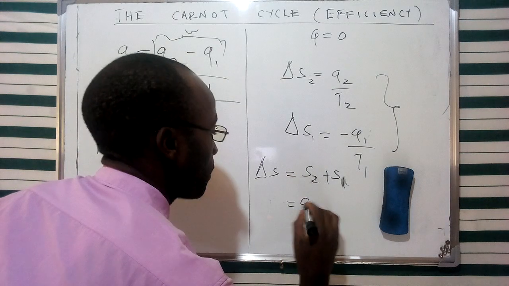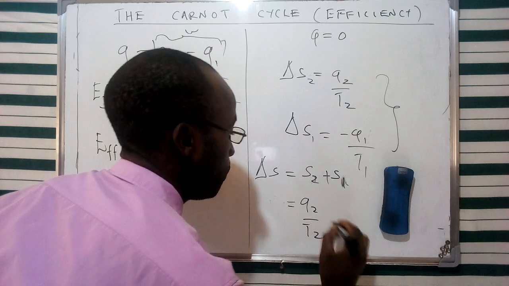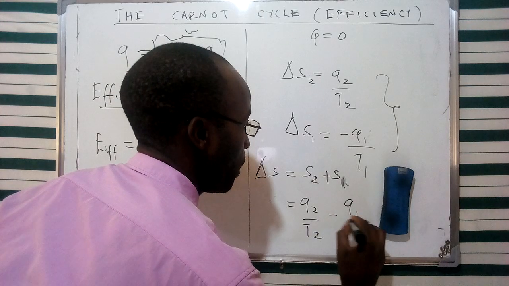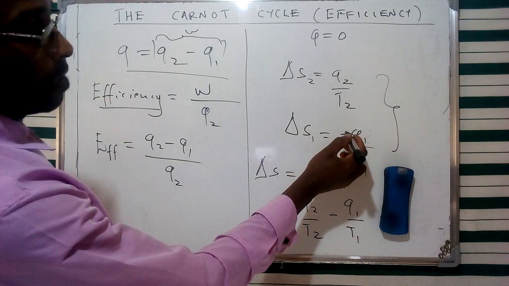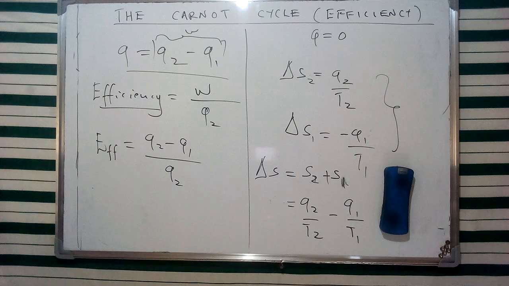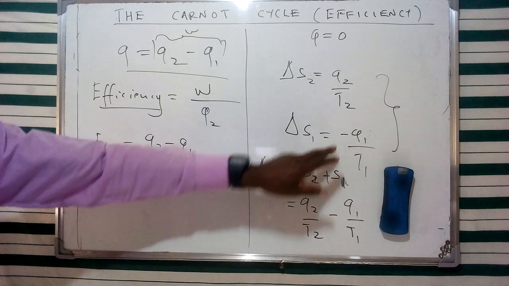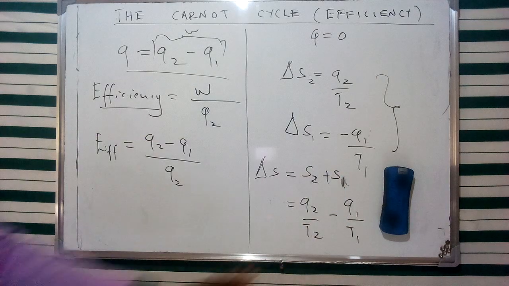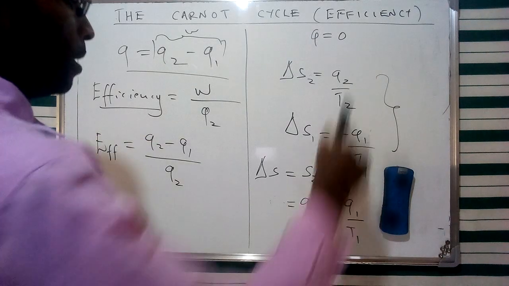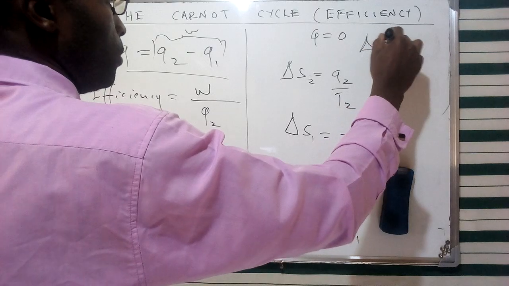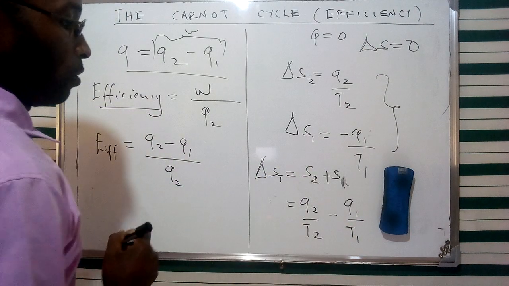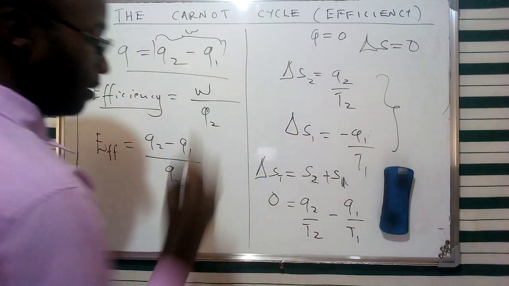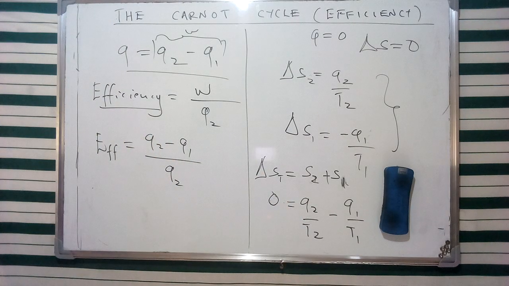So this is going to give us Q2 over T2 minus Q1 over T1. This should have an addition sign, but remember that for the concept of compression, we're going to have a negative Q value, and this results in this. And we had said that the total entropy of the system is going to be given as 0. So this is the total entropy, and therefore it is equivalent to a 0 value.